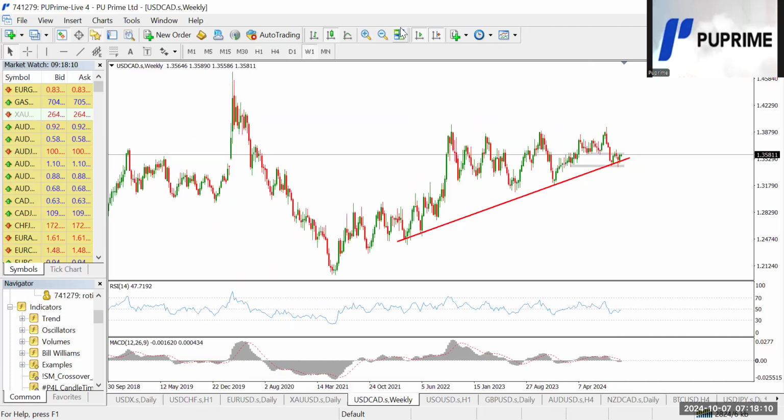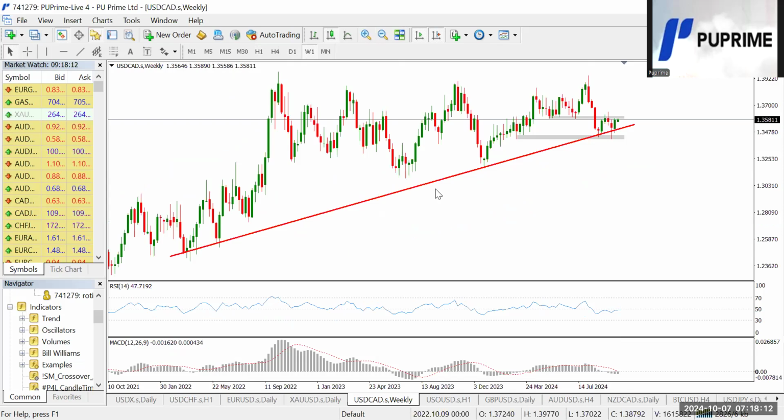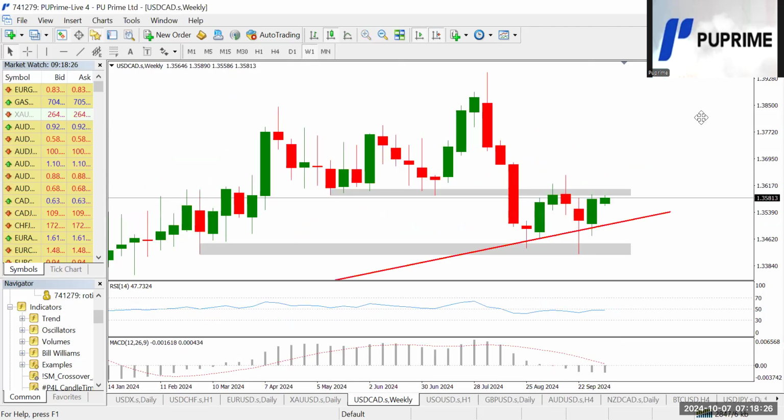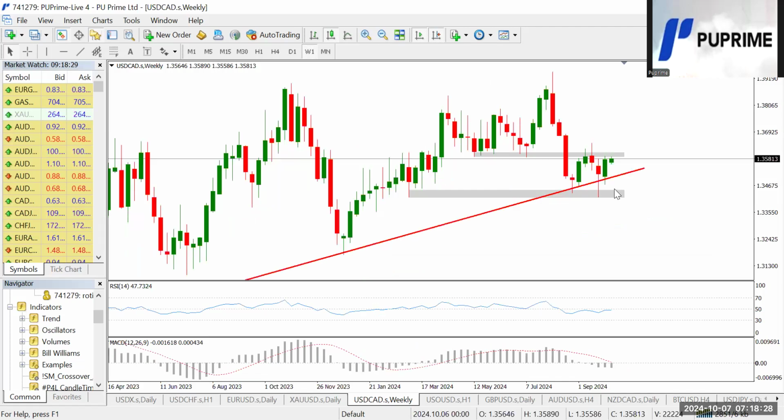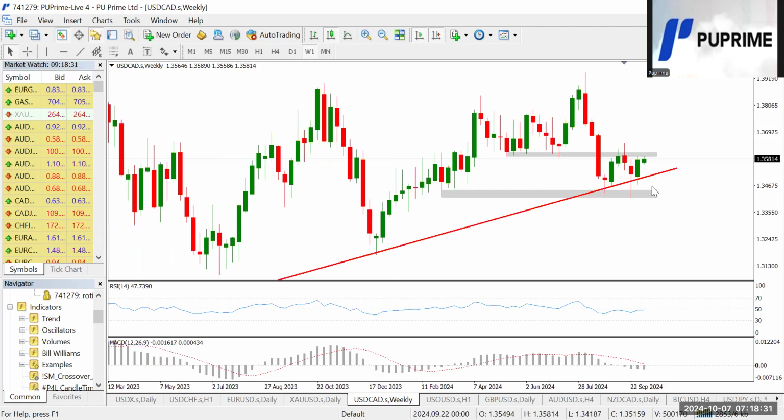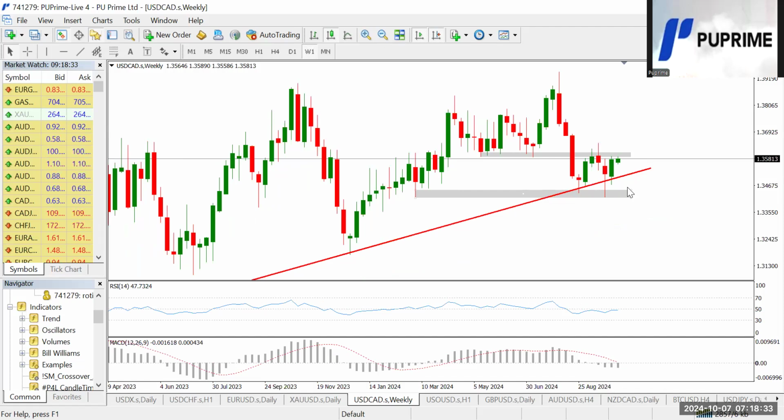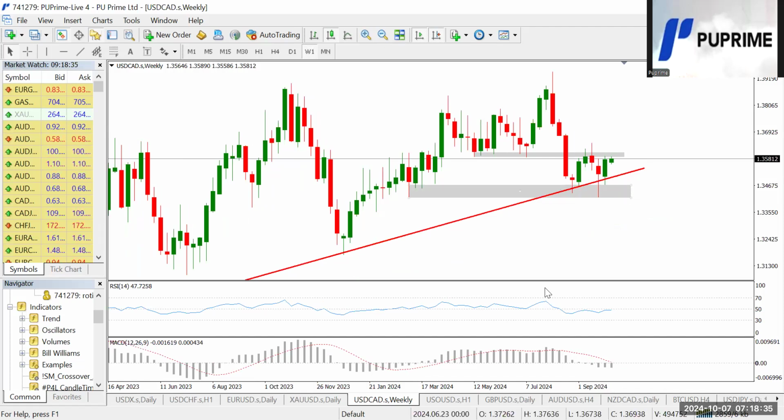from the weekly time frame, we can see that price has been trending up. We've been on an uptrend on the USD CAD from the weekly time frame, which is indicative of a further bullish continuation. And again, we also have a valid support zone, and that's this rectangle box you can see here, which is indicative of a bullish breakout.